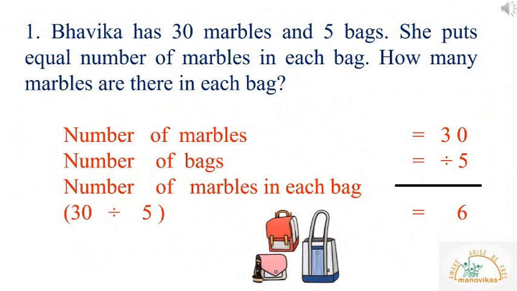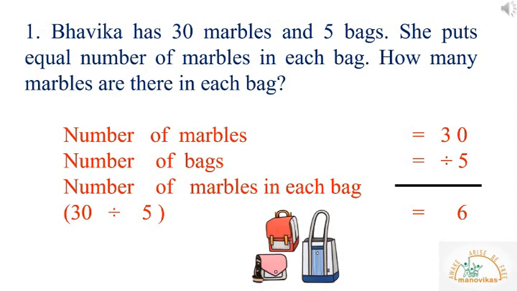the problem. So let's write the first statement, number of marbles. Number of marbles is equal to 30. Number of bags is equal to 5. Number of marbles in each bag is equal to, to find the value, we need to divide 30 by 5.